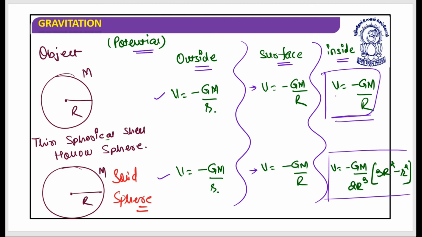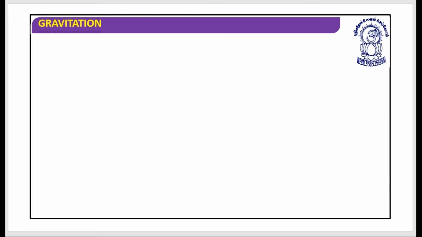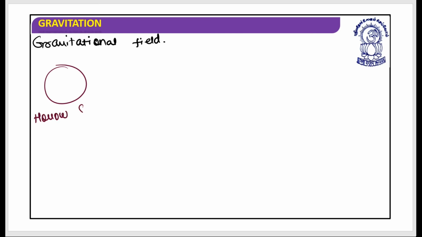Now let's discuss the same thing for the gravitational field. First, let's take an object that is a hollow sphere or thin spherical shell.